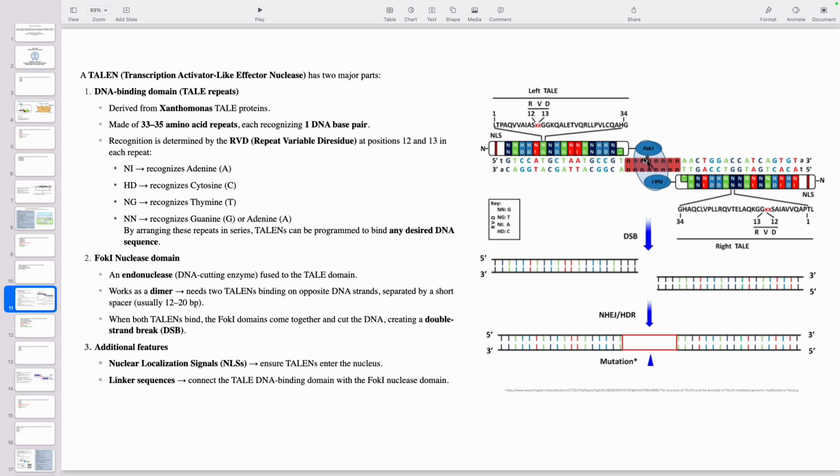And what are the additional features of this TALEN? As we have seen, it has a nuclear localization signal domain at the C terminus, which helps in entering the TALEN into the nucleus. And the linker sequence connects the TALEN DNA binding domain with the FOK1 nuclease domain.